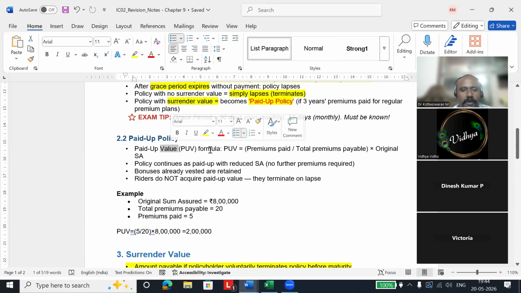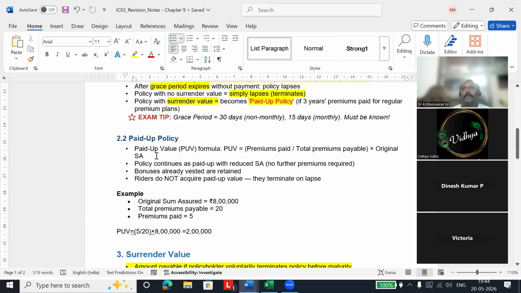So paid up policy has a value called paid up value. After 3 years or 4 years, when the policy is getting closed, whatever amount they are changing the face amount to, that is called paid up value. So 10 lakh என்ற அந்த face amount எவ்வளவு amount மாறுது, that's called paid up value.